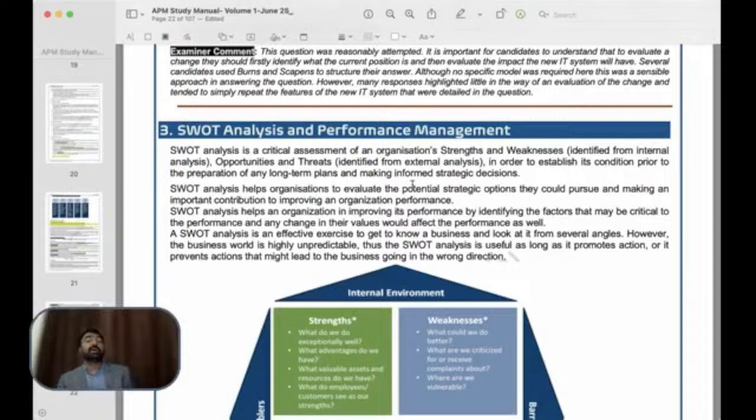But here, this model is used for analyzing how SWOT factors may impact the performance of the organization, or if there are changes in SWOT factors, for example, internal and external factors changes, how this would affect the performance of the organization.